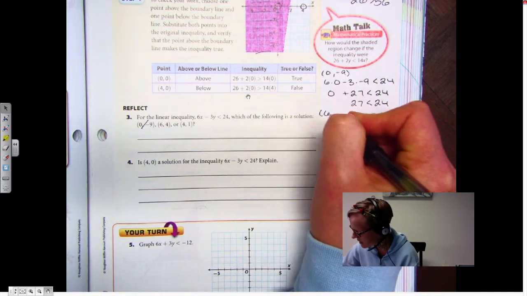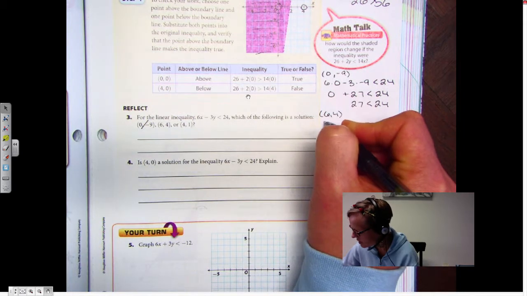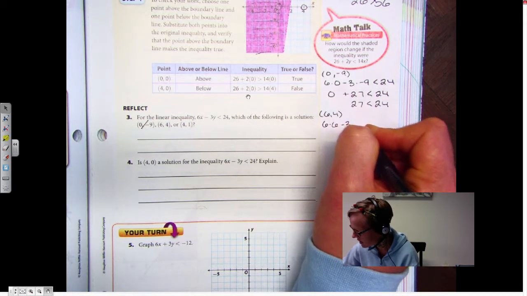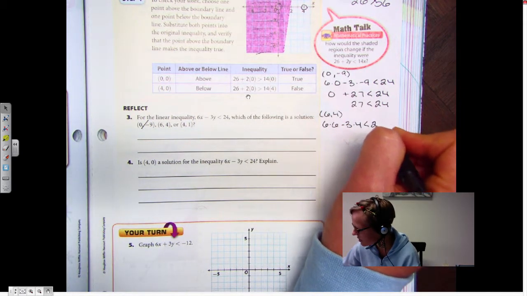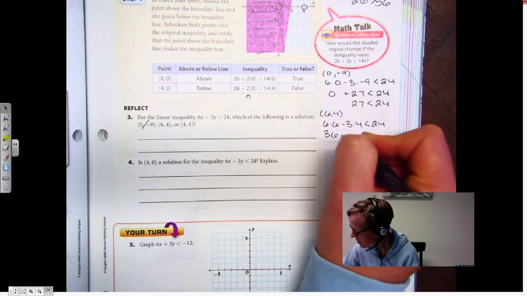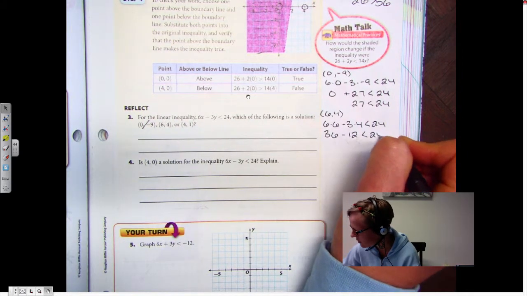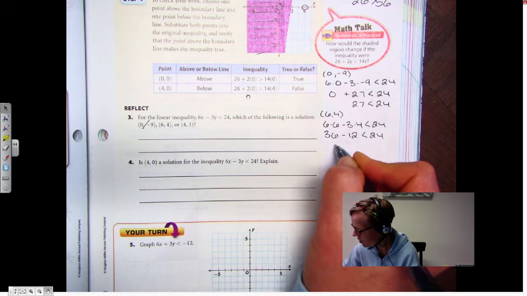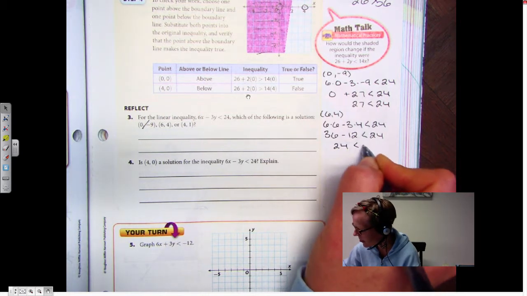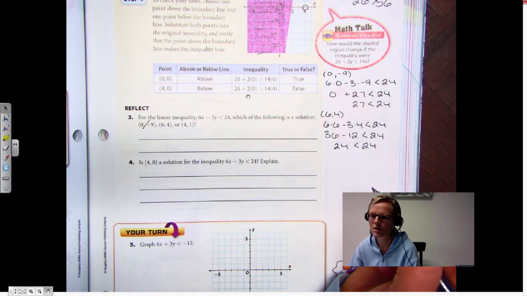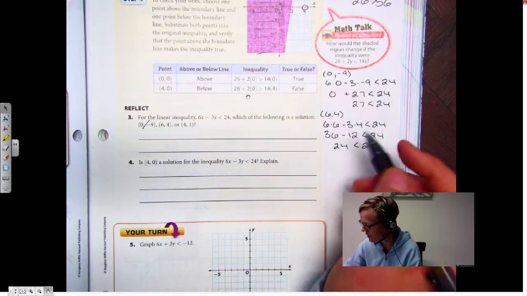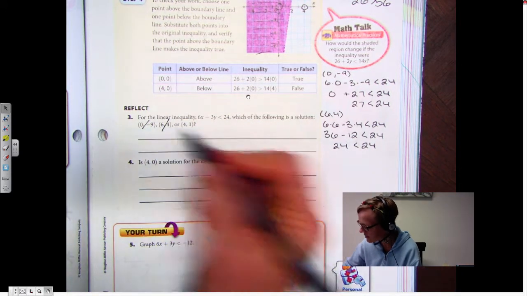When I plug in 6, 4 to my same inequality, 6 times 6 minus 3 times 4 is less than 24. Is 36 minus 12 less than 24? 36 minus 12 would give me 24. Is 24 less than 24? No, it's not less than 24. That would be part of my boundary line.